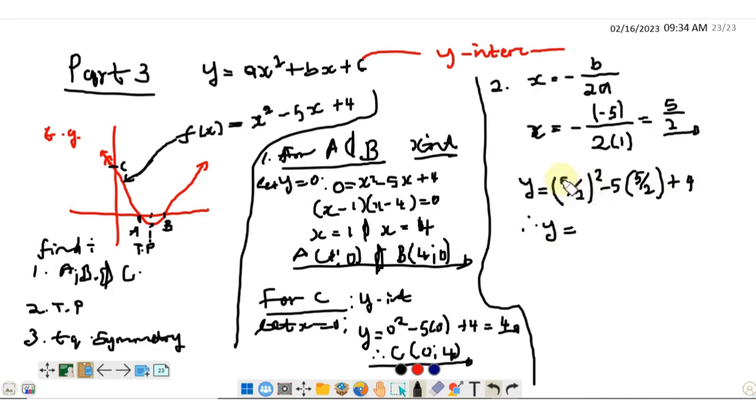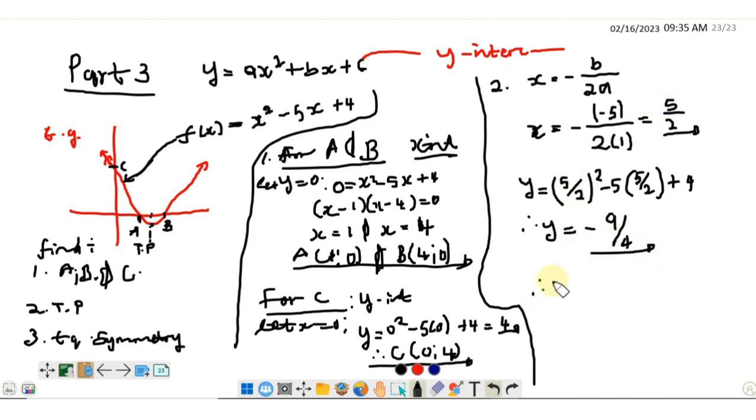The value of y is going to be negative 9 over 4. So you have x and y.